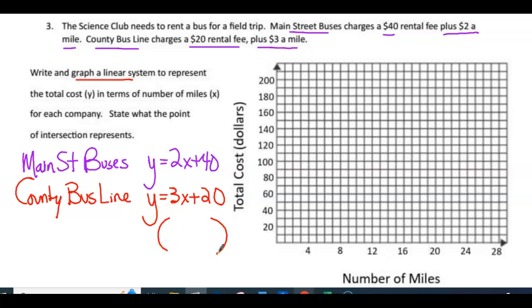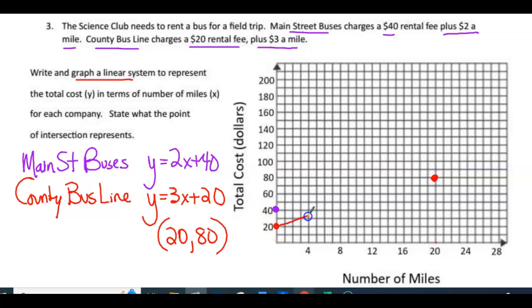The point of intersection is 20, 80. So if I start at 40 with one line, I need to show that I'm starting at 20 with the other. I need to find the ordered pair 20, 80. Hopefully that's in the right spot.